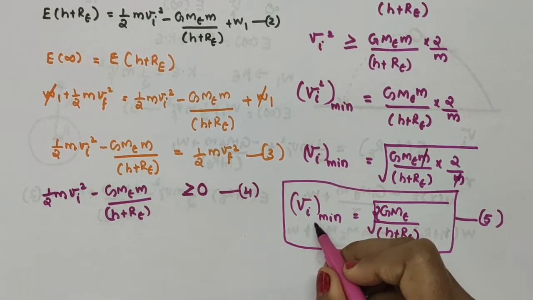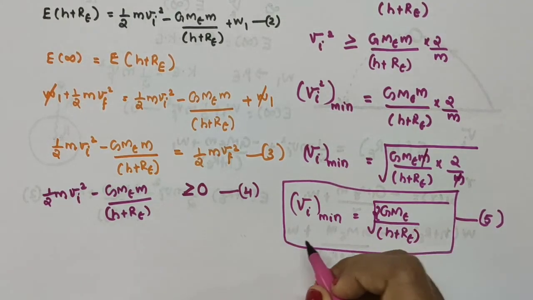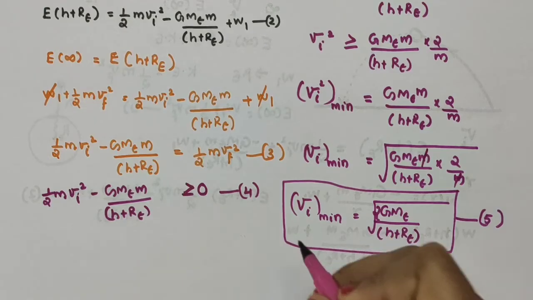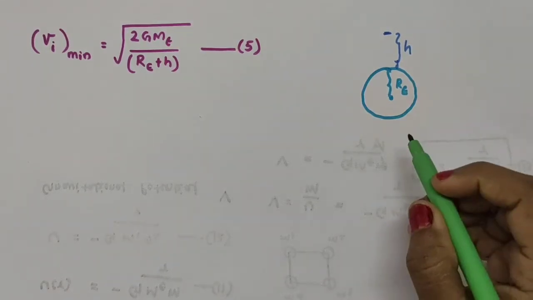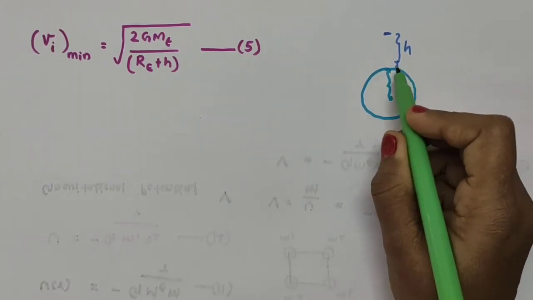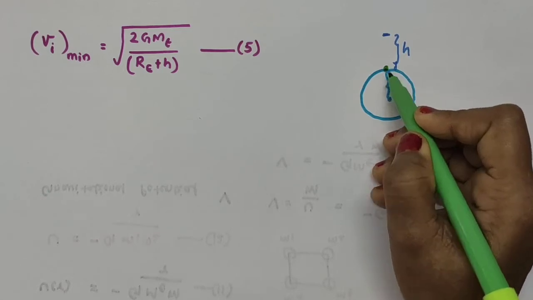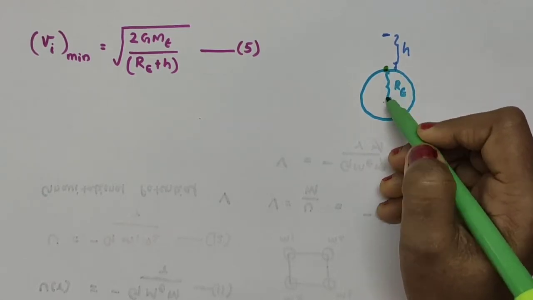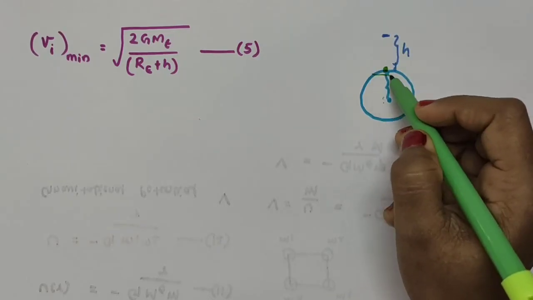Where this vi minimum is the minimum speed required for an object to reach infinity, that is, to escape from the earth. Now, if the object is thrown from the surface of the earth, then this h will be equal to 0. When the object is here, the distance from the center of the earth is only Re. H is the distance from the surface of the earth.